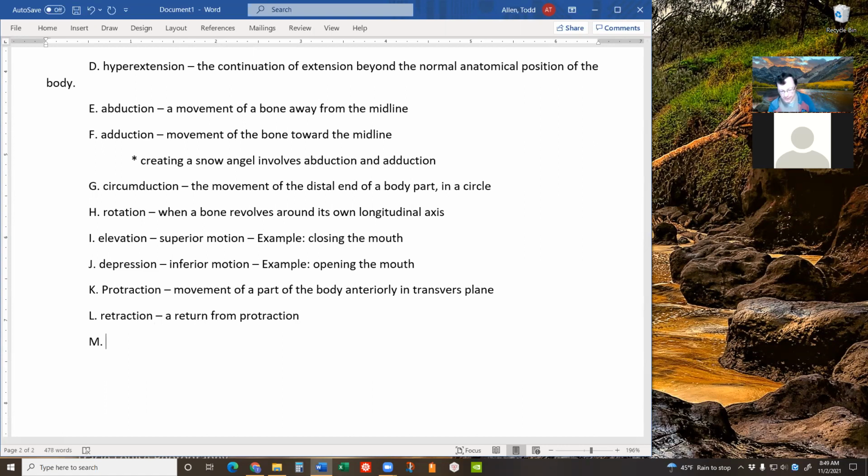All right, next is dorsiflexion. Dorsiflexion is also highlighted in figure 9.9, letter G there, okay, letter G there. Dorsiflexion is when you stand on your heels, right? The bending of the foot upward at the ankle.